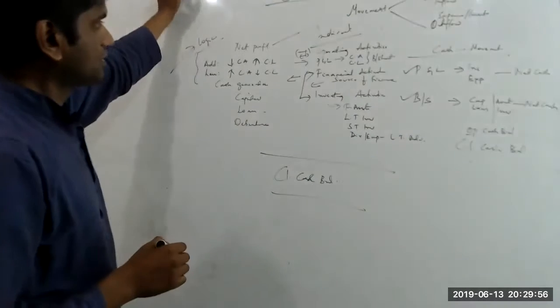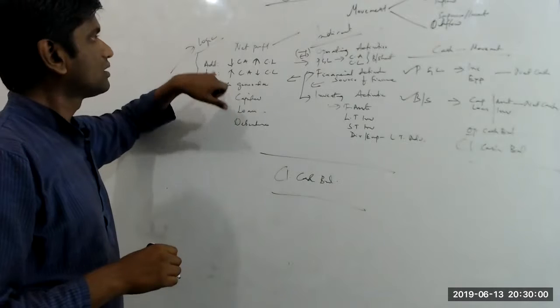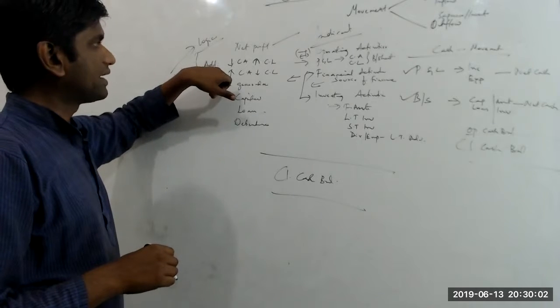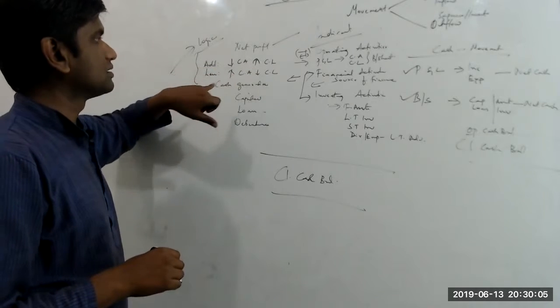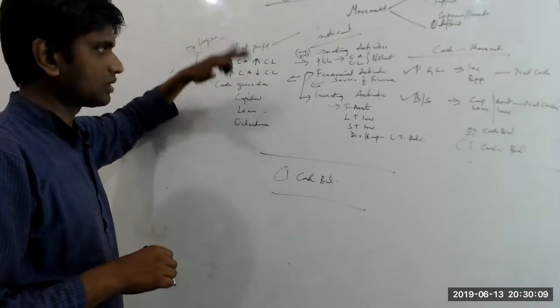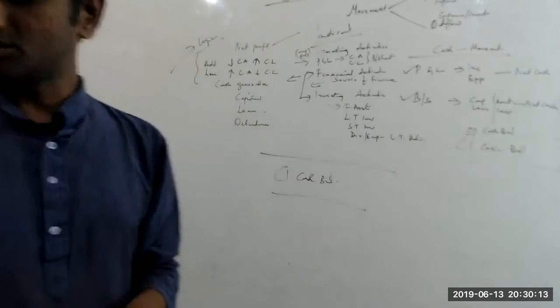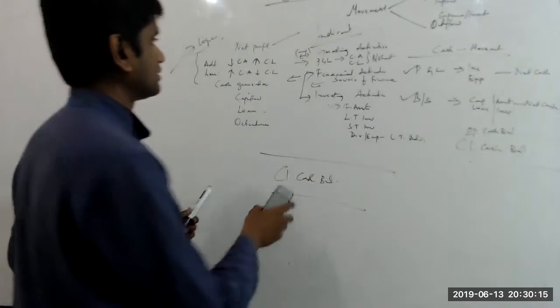Okay, so now the main portion is what is the logic behind adding the decrease in current asset and increase in current liabilities, and reducing the increase in current asset and decrease in current liabilities. So I'll try to explain this with an example so that you understand the logic behind this.